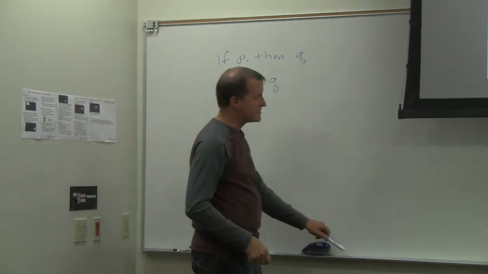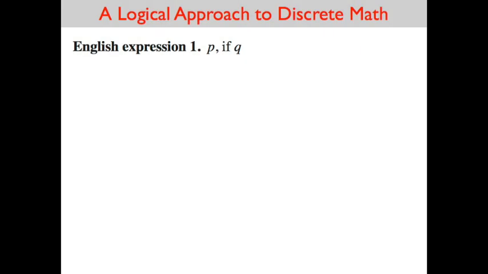But now it's switched around a little bit. It's P, comma, if Q. So here's my question. Do you think this is Q implies P or P implies Q? Q implies P. P follows from Q. Well, P follows from Q is the same as Q implies P. So same as Q implies P.